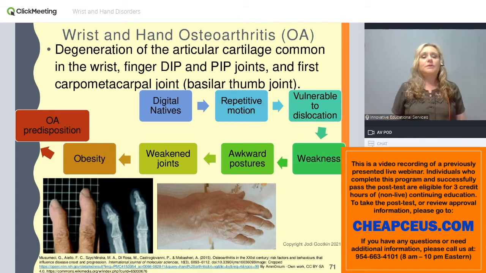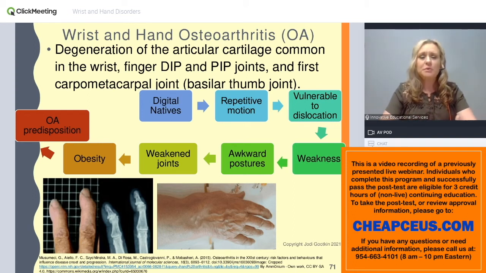Looking at bony involvement of the wrist and hand, osteoarthritis is not as common in the research as of the hip and the knee. There was an interesting report in the International Journal of Molecular Science where they looked at osteoarthritis in the 21st century.